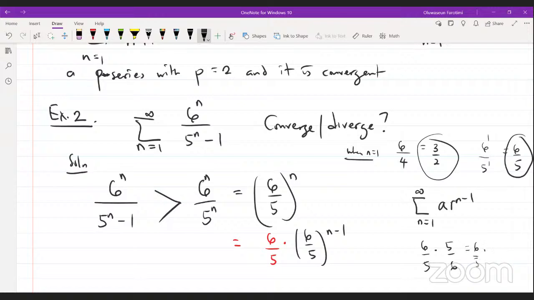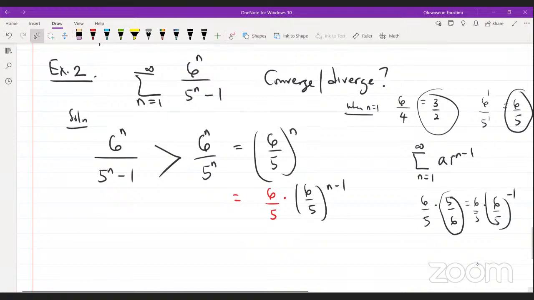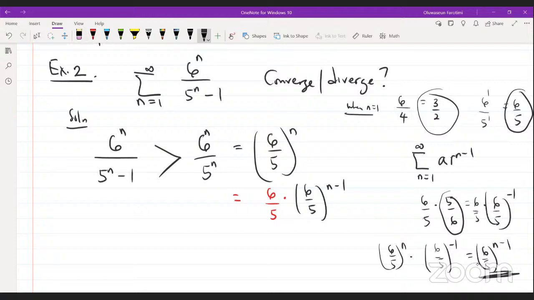This is 6 over 5 times, now I want to flip this guy, this becomes 6 over 5 to the power of minus 1. And then you have 6 over 5 to the power of n times 6 over 5 to the power of minus 1. This is exactly going to be n minus 1. So you see how we got this guy.